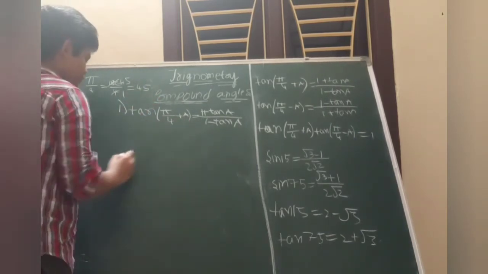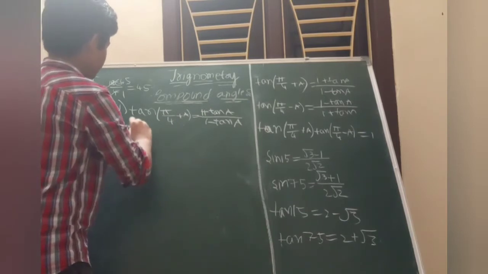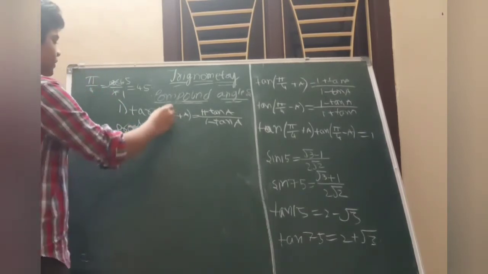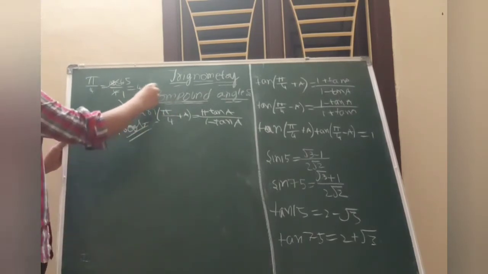So in the place of pi by 4, let us write 45.